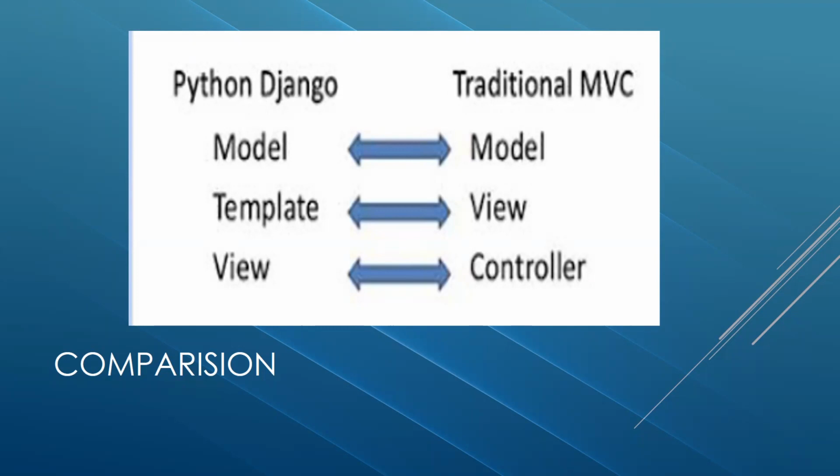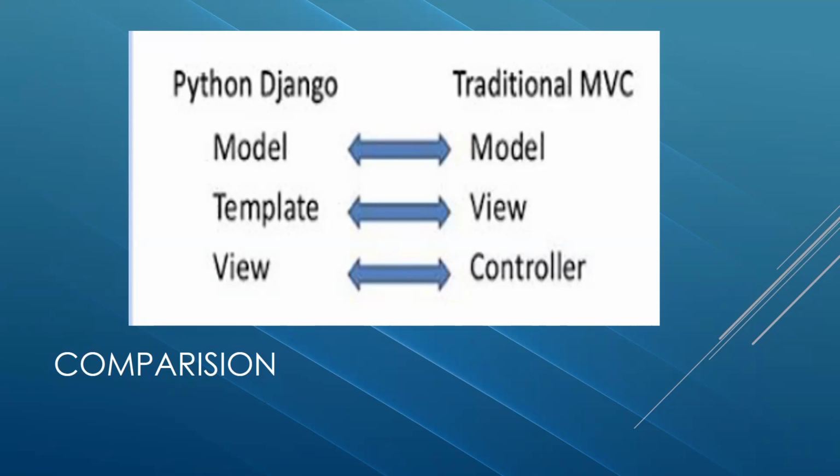And in the MVT pattern, the template plays a crucial role in formatting and displaying user data, and is completely separated from the view, whereas in the MVC pattern, the template often resides within the view component.